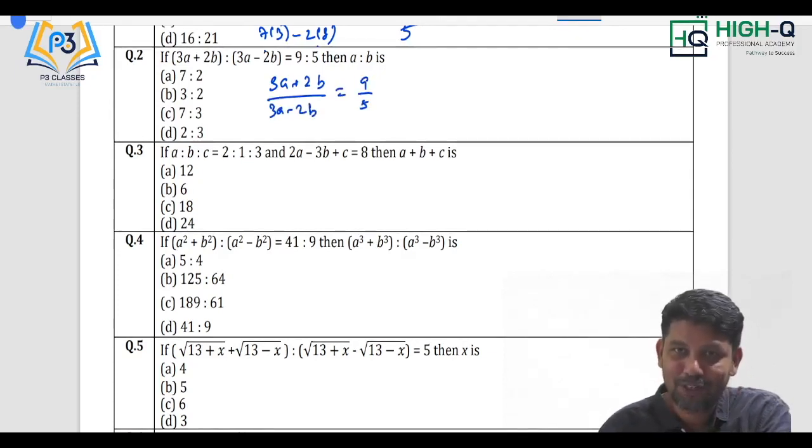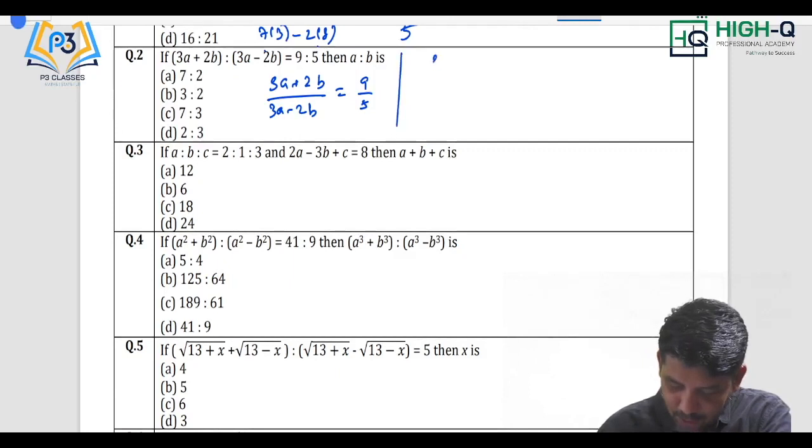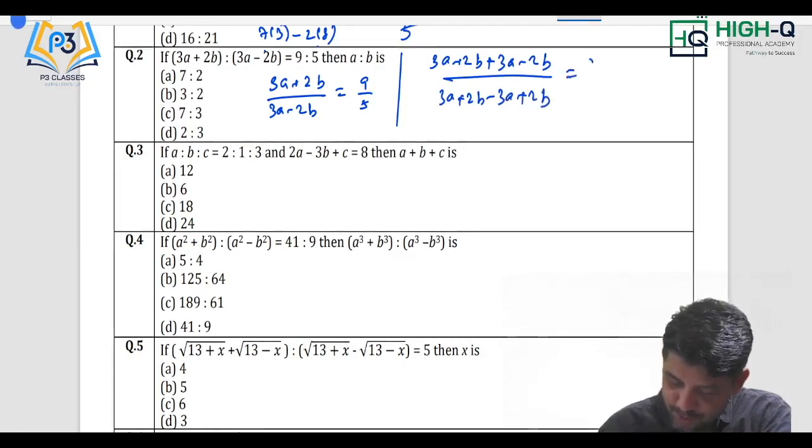Apply componendo and dividendo. You know componendo and dividendo, right? Numerator plus denominator by numerator minus denominator. So what exactly are you going to get? 3a plus 2b plus 3a minus 2b divided by 3a plus 2b minus 3a plus 2b is equal to 9 plus 5 by 9 minus 5, which is equal to 14 by 4.